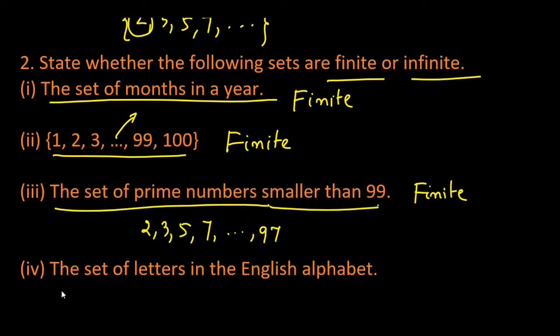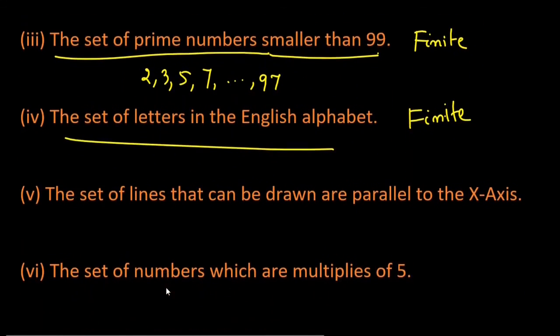Next one, the set of letters in English alphabet. There are only 26 letters in English alphabet, so it is also finite. So we have got all the sets as finite sets up to this.